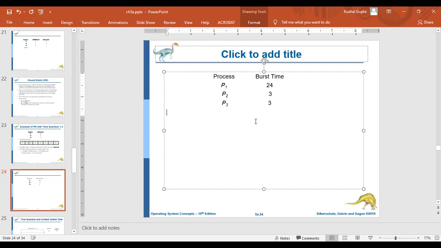And now I'm changing some values here. I'm changing it to, let's say, 15.